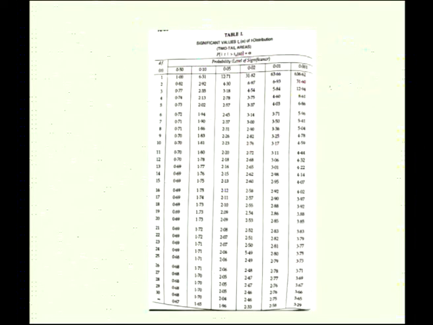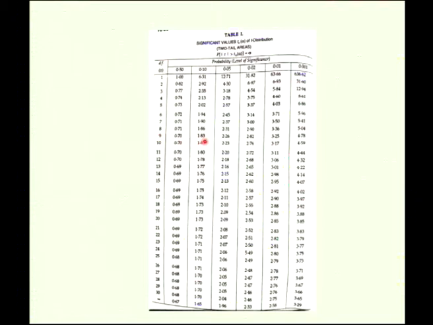The nearest value to 1.80 is 1.83. This is a two-tailed area, right? For 9 degrees of freedom we have to see, because for the t test the degrees of freedom is n minus 1. Here n is 10. So for 9 degrees of freedom you look at where the nearest value to 1.8 comes.